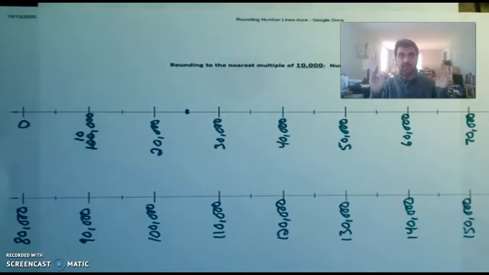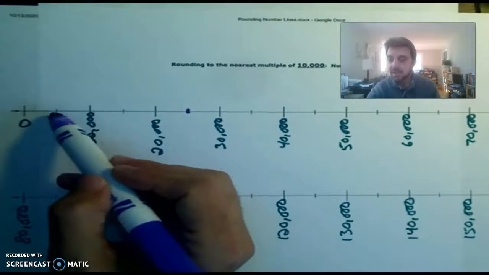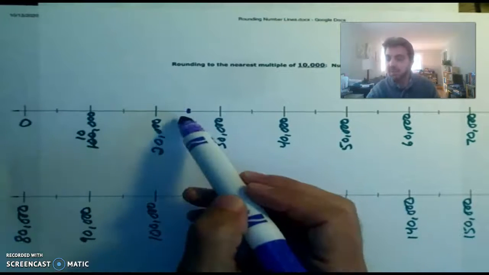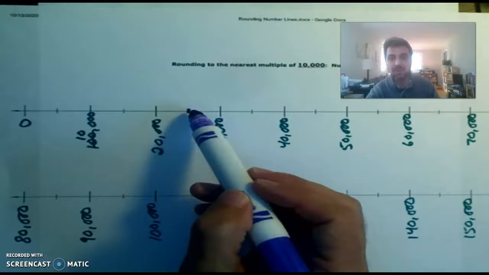Well, let's think. What's between 0 and 10 is 5. 0 and 100 is 50. 0 and 1,000 is 500. You seeing the pattern here? Between 0 and 10,000, half of 10,000 would be 5,000. So this is 5,000, and this would be 25,000 right here.